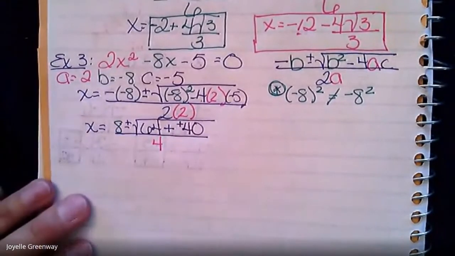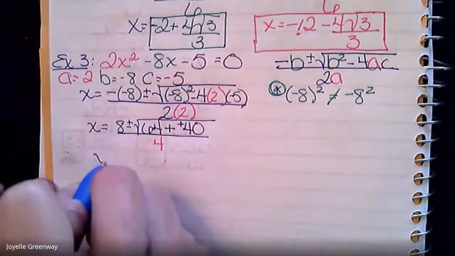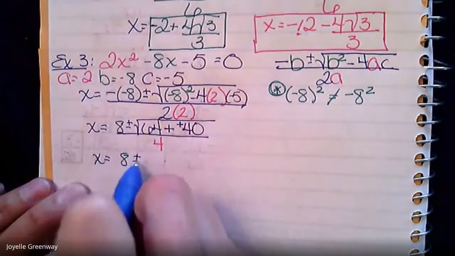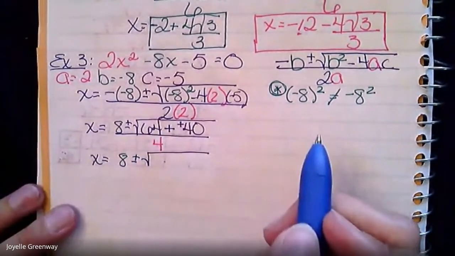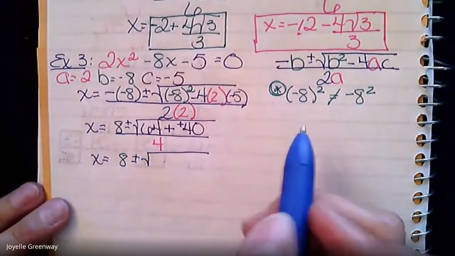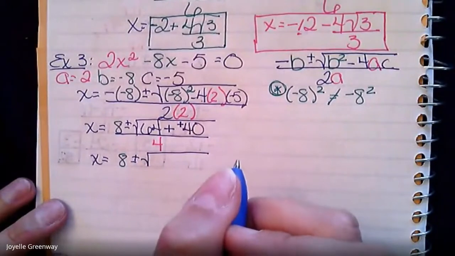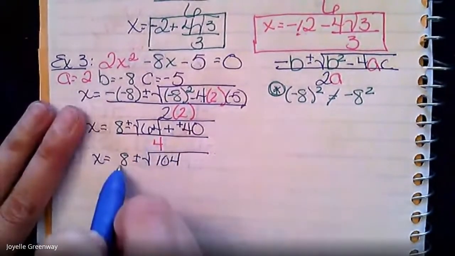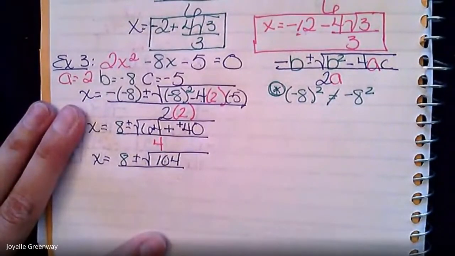All right, let's continue simplifying. So x is equal to 8 plus or minus the square root. 64 plus 40 is 104. And that's divided by 4.